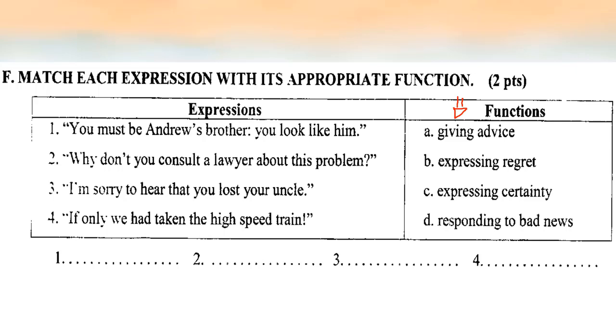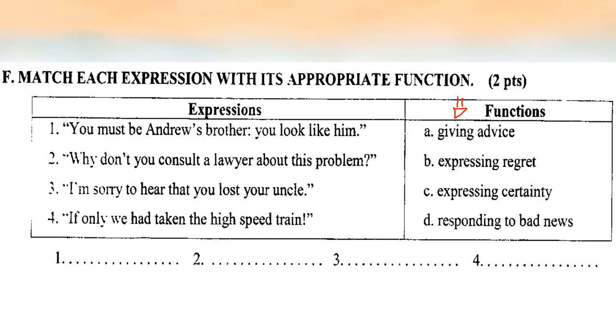Expressing certainty, it's easy. Responding to bad news, yes, I got it. So then when you are sure about the functions, when you read the expression, it's easy to spot which function it is. For example, you must be Andrew's brother. You look like him. Here, it's expressing certainty. So automatically, I'm going to say number 1 goes with C.